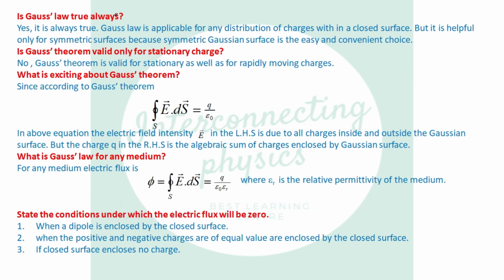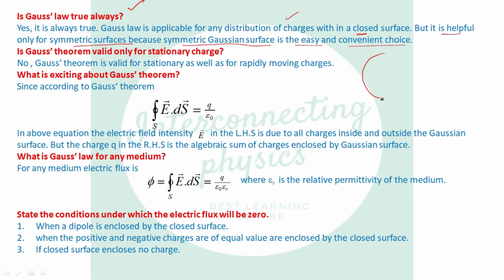Now some very important questions. Is Gauss law true always? Yes, it is always true. Gauss law is applicable for any distribution of charges within a closed surface. It is valid in every situation, but it is only helpful for symmetrical surfaces, because a symmetrical Gaussian surface is an easy and convenient choice.